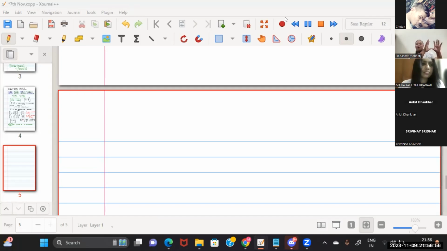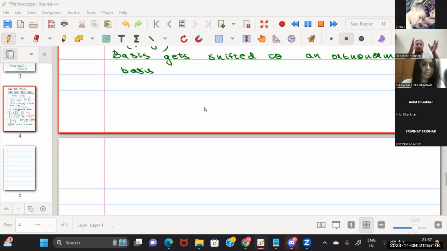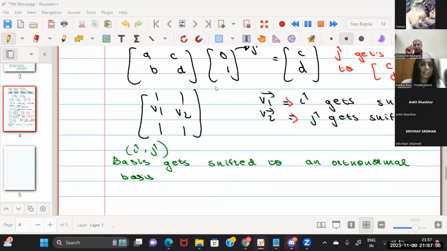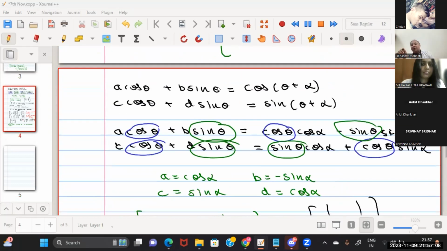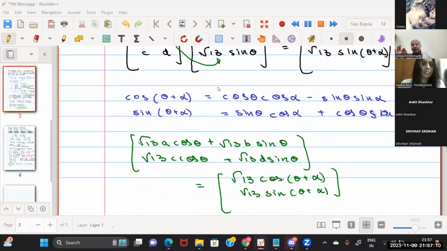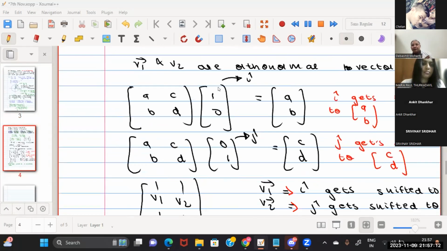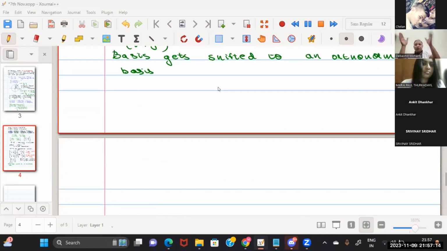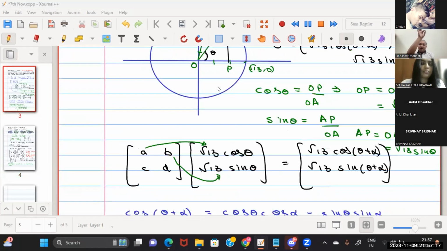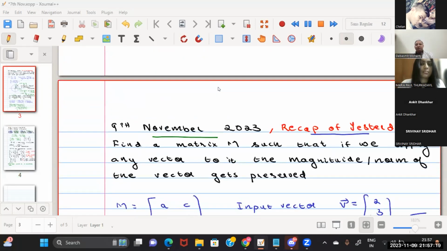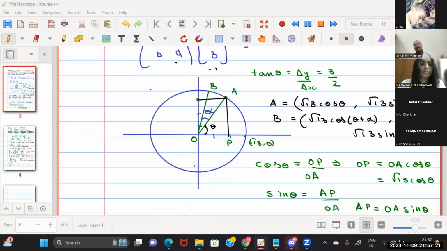If you take an n cross m rectangular matrix and do a decomposition, the Q matrix will contain all the orthonormal vectors, each having unit magnitude, and they will contain the direction of the input space. The one in the middle will be a diagonal matrix, which will contain all the lambdas. Only the scaling.